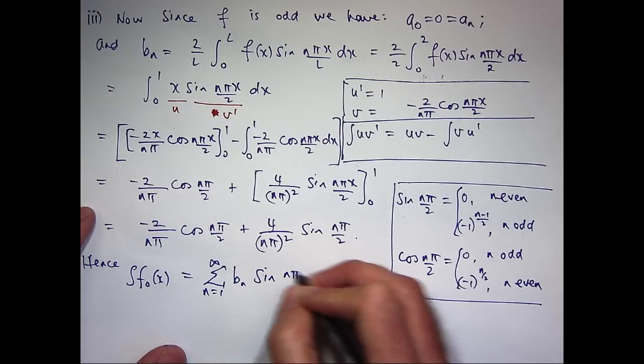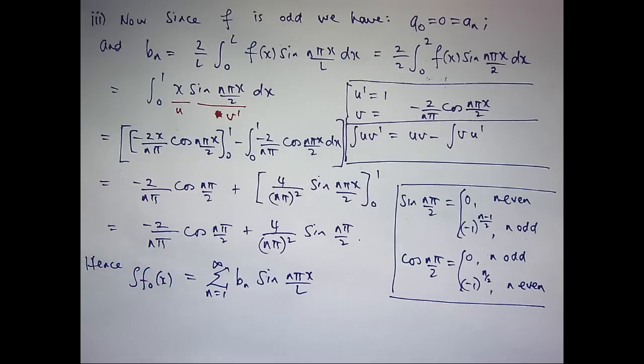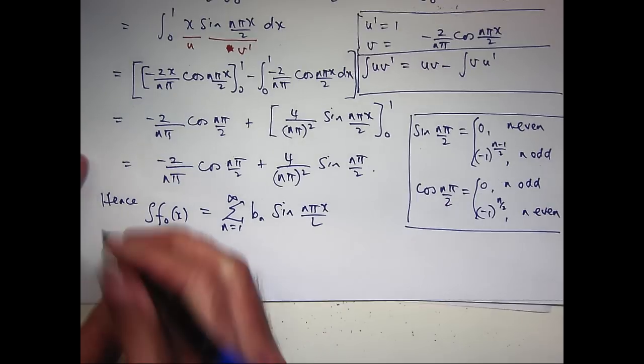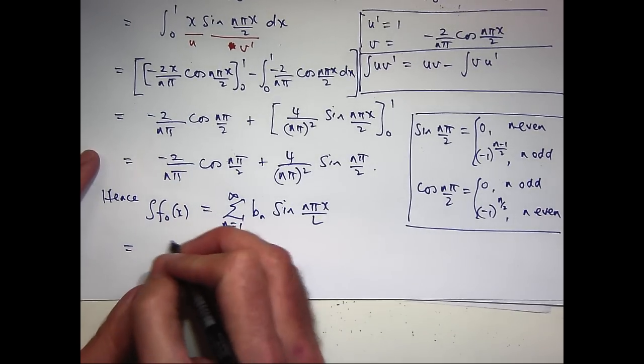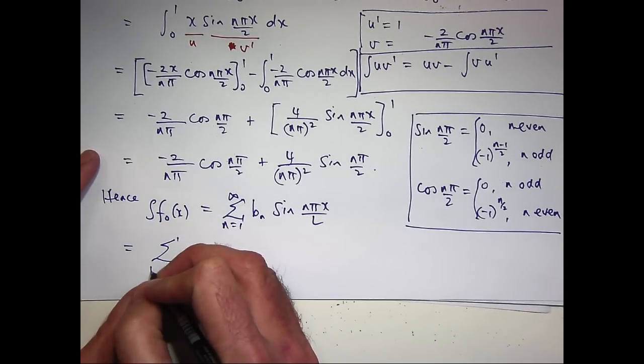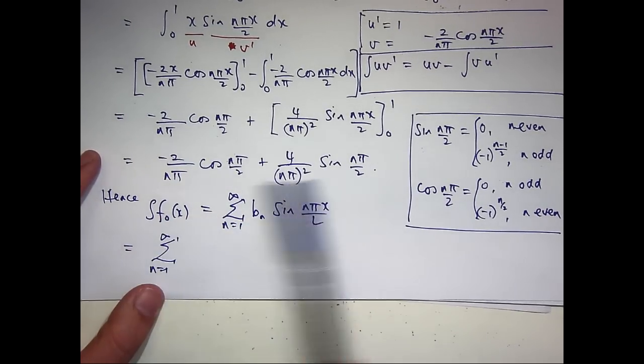Its general format is this, and we know that we've just calculated the b sub n's. We know big L equals 2 in this case, so we can just go through and write in the values. So if I was to do that, I would get the following. I'm just going to use this representation first off.